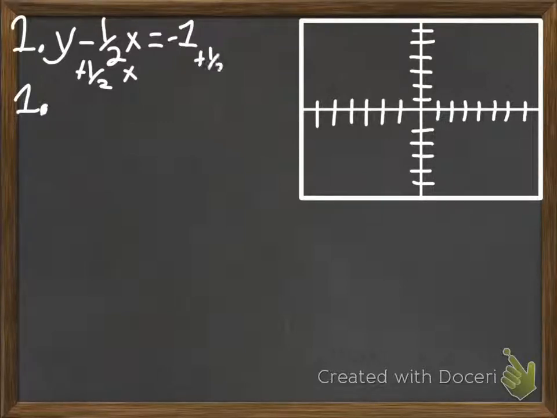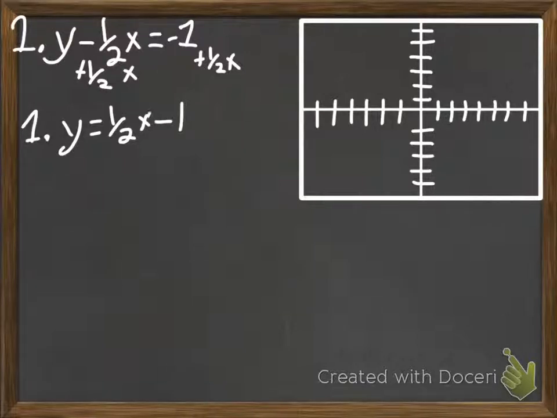So we do our plus 1/2 x over here, and we get that y equals 1/2 x minus 1. Step 2, we're going to identify the slope and the y-intercept. So my slope is 1/2, and my y-intercept is -1.